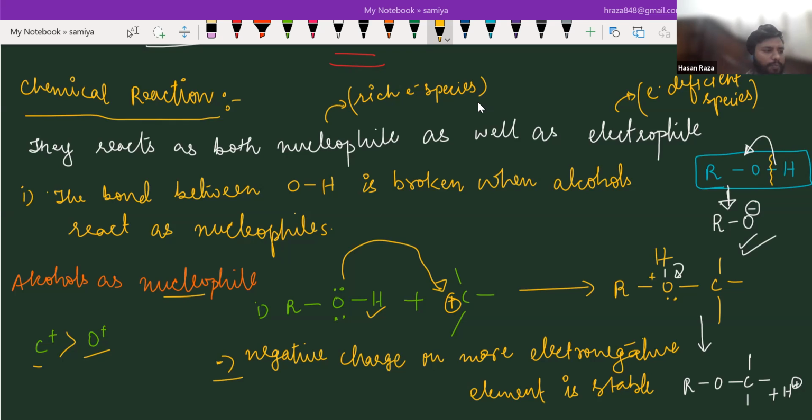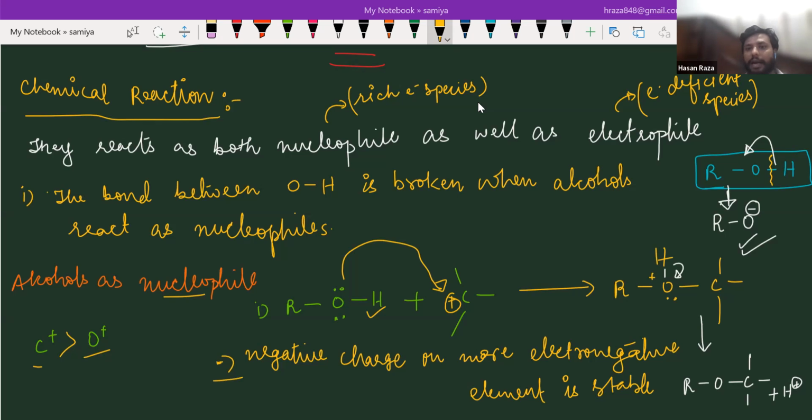Rim, do you know what is protonated alcohol? No, sir. Do you know what is protonation? Whenever there is a term ending in -ation, like hydrogenation or chlorination, it means addition of that. Halogenation means addition of halogen. Hydrogenation means addition of hydrogen. Hydration means addition of water. Chlorination means addition of chlorine.